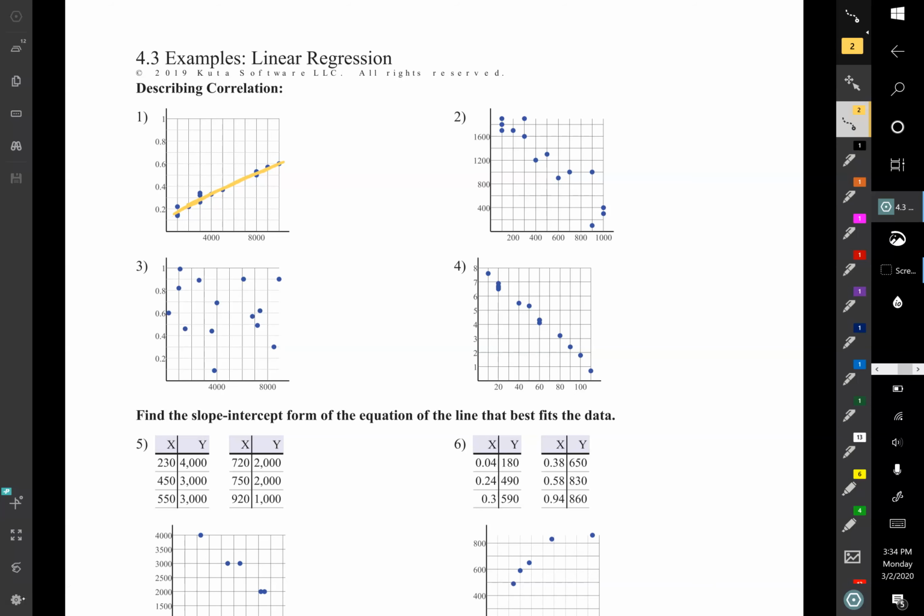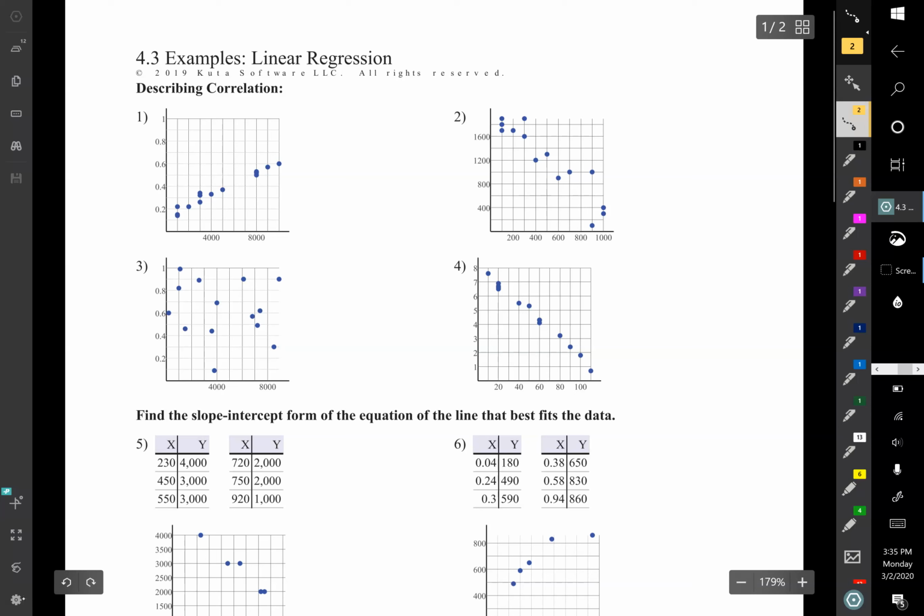Now this one is a strong positive correlation. The correlation coefficient R is something that they go over in the overview video. James Sousa does that quite nicely. It's pretty complex. You don't need to know all that, but R is how close the dots are to this line. So if R is closer to -1 or 1, then we have a strong correlation.